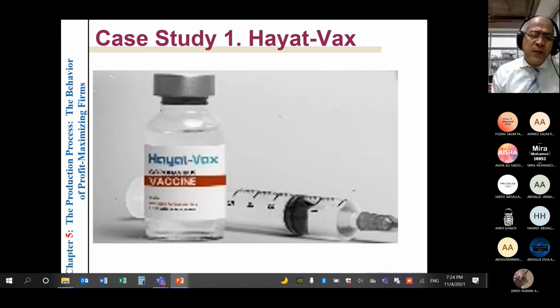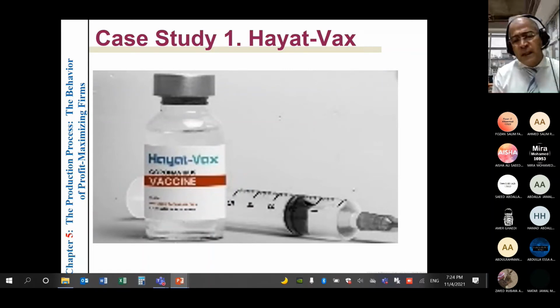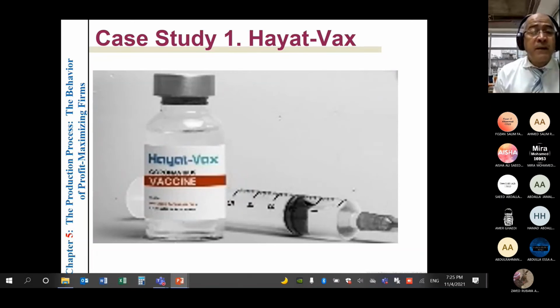And there is more information about the environment of the coronavirus pandemic and the importance of the vaccine. So this is the case study. Now it's time to raise questions. We can ask lots of questions, such as the effectiveness of Sinopharm, the distribution of Sinopharm, the relationship between the government and the company producing Hayat-Vax, because the government purchased all the vaccine and distributed it for free without charge.